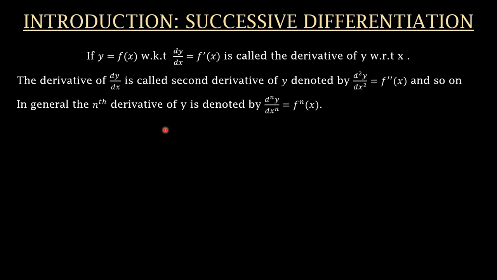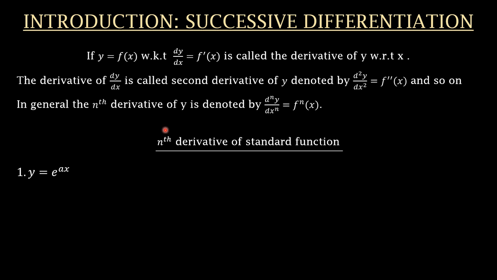Let me explain with an example over here. Let me just find the nth order derivatives of some standard functions. Let me start with a simple function e to the power ax. In order to get the nth order derivative of the function, let me observe the pattern in the successive derivatives. What is the first order derivative of the function, students?